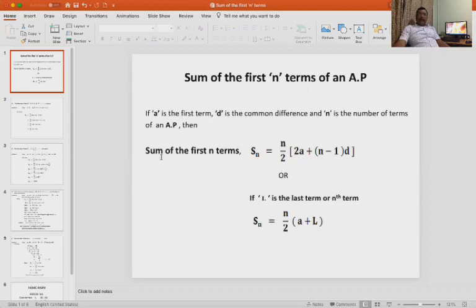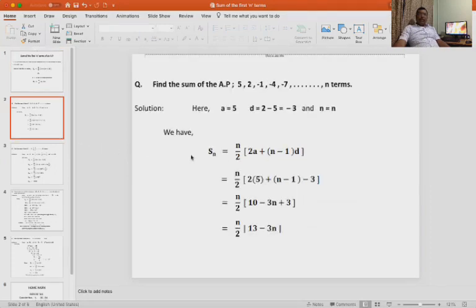Now let us go to some questions. Here in this question it says find the sum of the AP whose first terms are 5, 2, minus 1, minus 4, and so on till n terms.